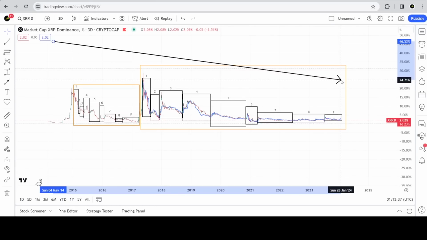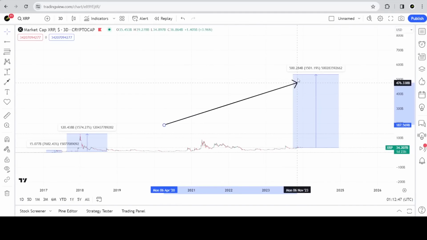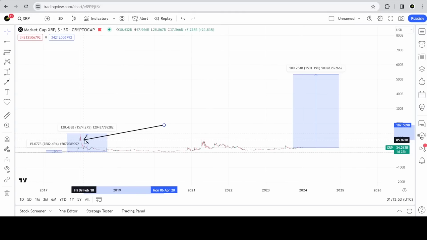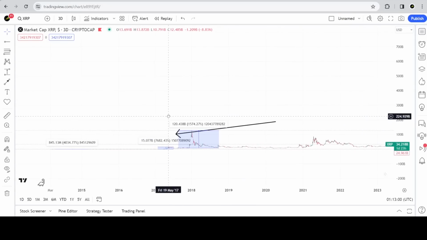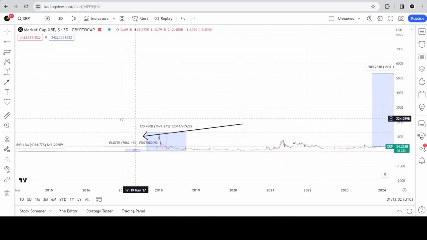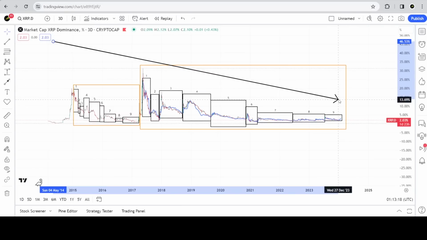A $10 XRP, as you can see over here at a 1,500% increase, is much, much smaller than the increases that took place over here of 7,000% plus and 4,000%. So there is some excitement that is going to take place in the next bull run.